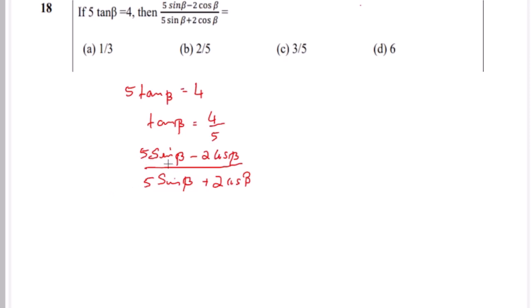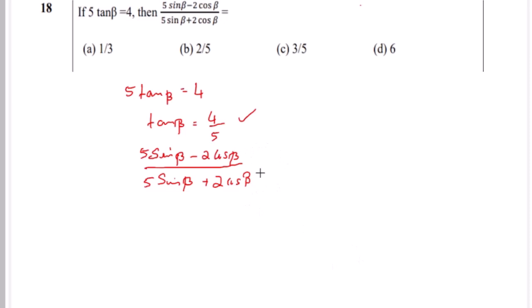For that we have to divide. In the question it is given that 5 tan beta is equal to 4, from that we are getting tan beta is equal to 4 by 5. So we can substitute tan beta as 4 by 5 in this equation. So how can we substitute this value here? For that we can divide the whole expression by cos beta.